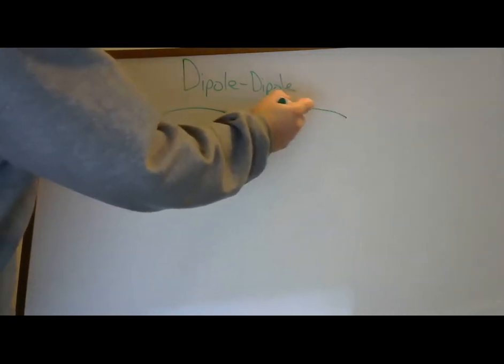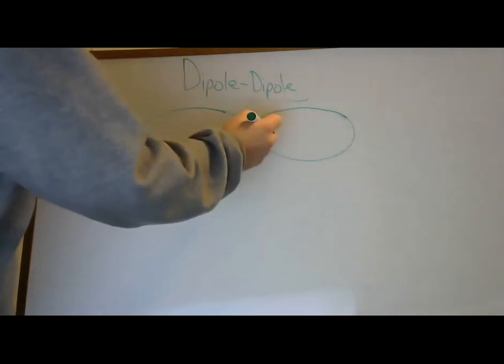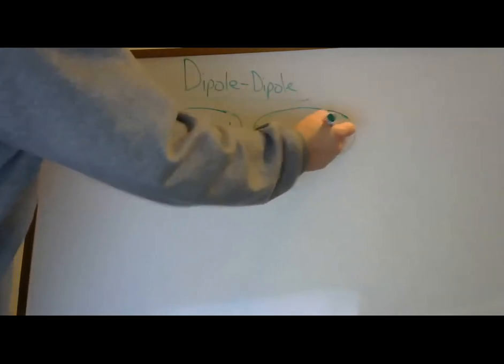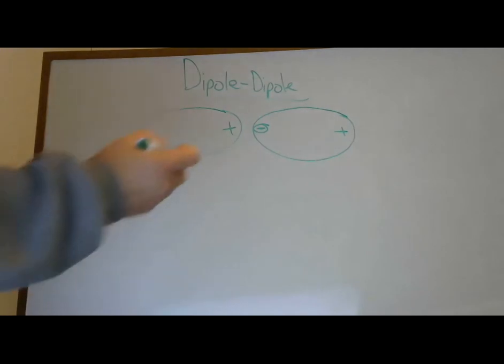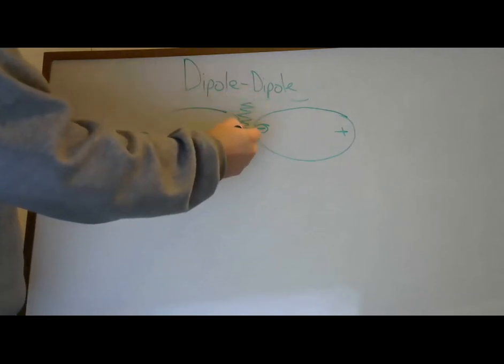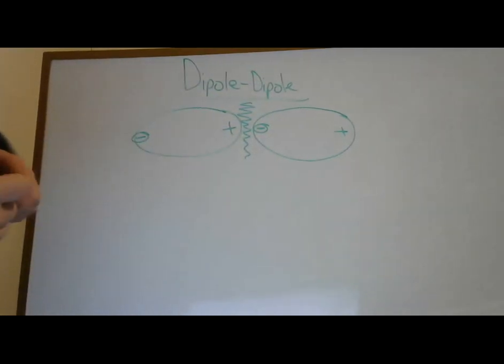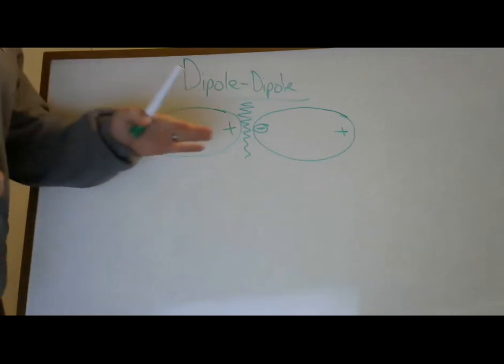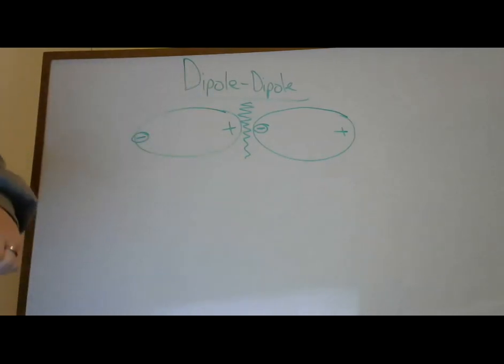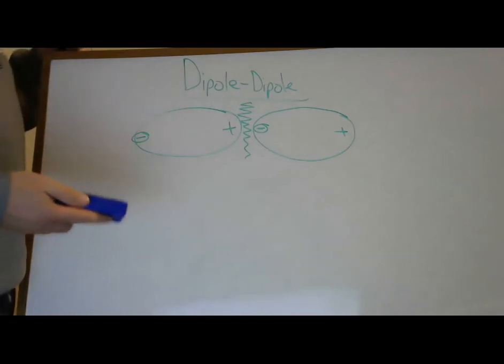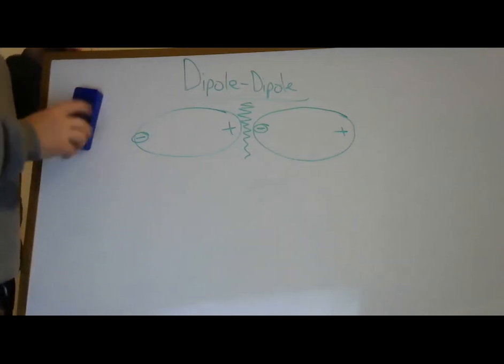So another molecule comes along, it's negatively charged on this end, positively on that end, and you get an electrostatic attraction between the two. It's stronger than dispersion or van der Waals, whatever you want to call it. But they're still not that strong. Still an intermolecular force.